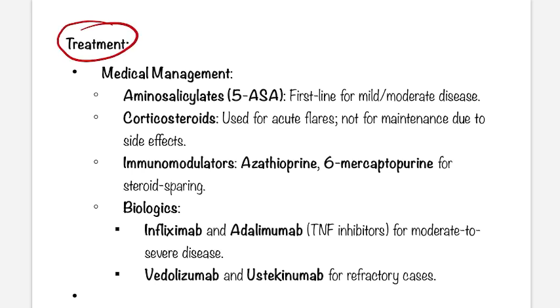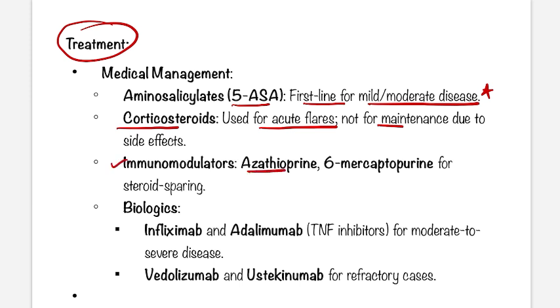Again, aminosalicylate 5-ASA is first line for mild or moderate disease. Same as ulcerative colitis, aminosalicylic acid is first line. Corticosteroids, same as ulcerative colitis, are used for acute flares, not for maintenance.